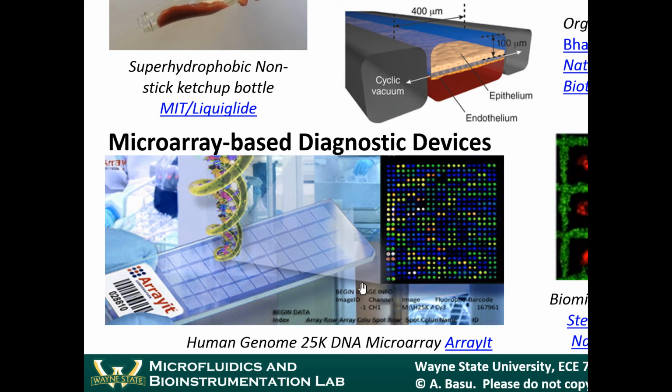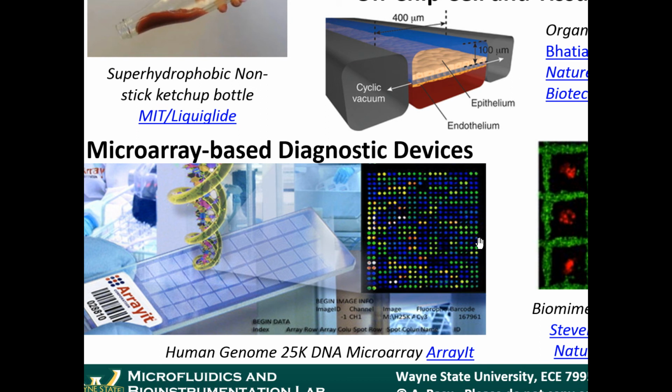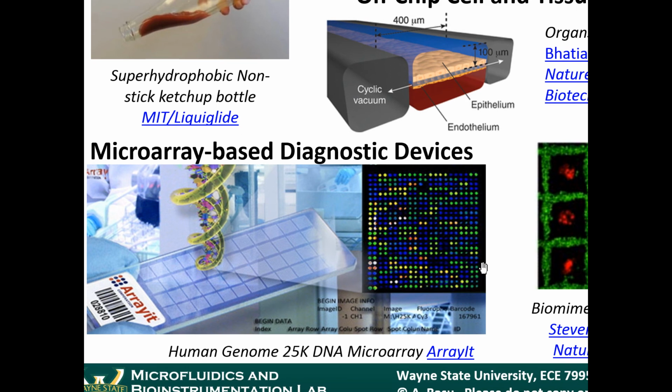Okay, those dots that you see here, this is where DNA attaches. This is a DNA analysis device. We haven't talked that much about the details of how DNA analysis works, so I'm just going to say that each one of these different dots attaches a different type of DNA molecule, a different DNA sequence.